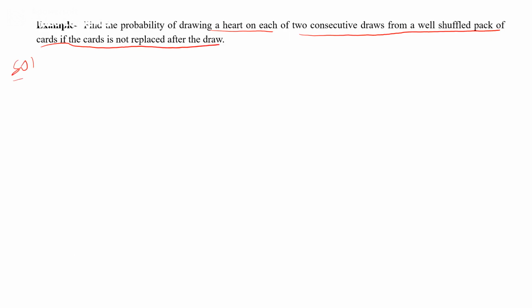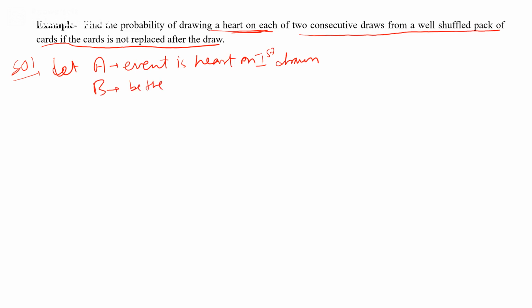So here we have to find the probability of drawing a heart on two consecutive draws. So we take an event A, the event of drawing a heart on the first draw, and we consider another event B, the event of drawing a heart in the second draw.